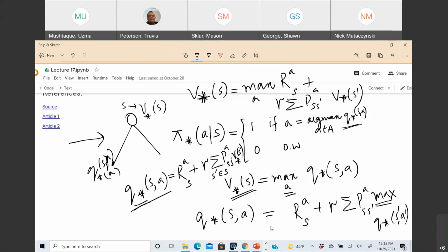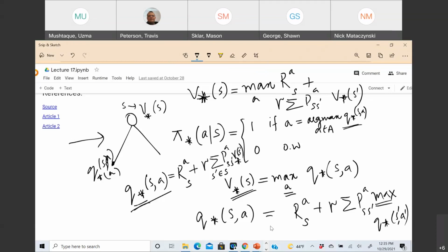So now we're not doing that. We are taking the max of Q star. So the only thing that remains with us is V star and Q star, and their new definitions in terms of selecting the action that maximizes my value from taking that action. That's the only difference between the Bellman expectation equation and the Bellman optimality equation, right?